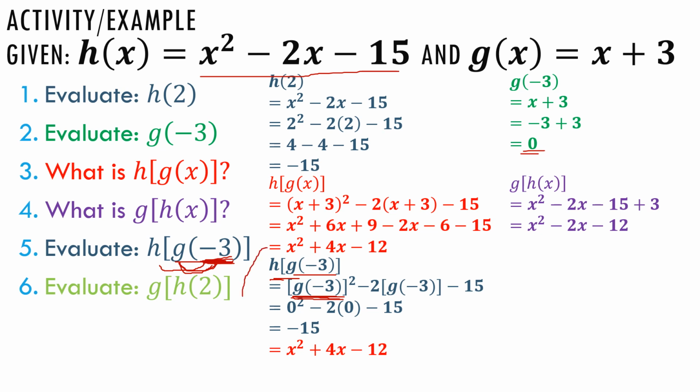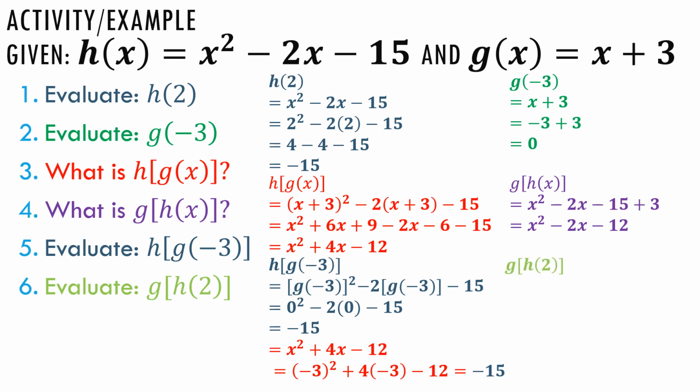So ito, okay, h of g of x pwede din. Yan muna. So after natin isolve to, ito na siya, x squared plus 4x minus 12. And then substitute natin yung negative 3 sa x, which is, ayan na, negative 15 ang final answer pa rin. Same pa rin yung sagot.